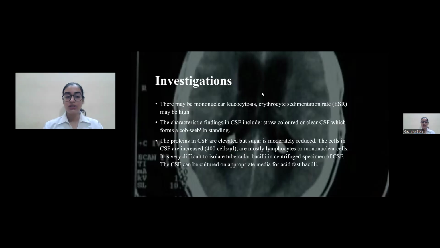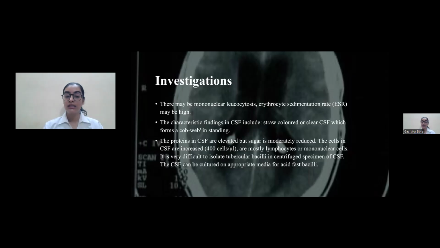In investigations, there may be mononuclear leukocytosis, and the erythrocyte sedimentation rate would be elevated. The characteristic finding in the CSF is straw-colored or clear CSF, which forms a cobweb on standing. The proteins in CSF are elevated, but the sugar is moderately reduced, whereas in bacterial meningitis the sugar was low.